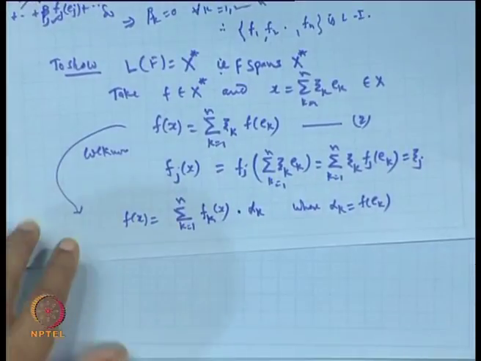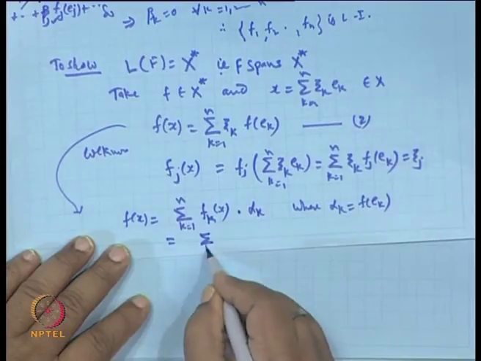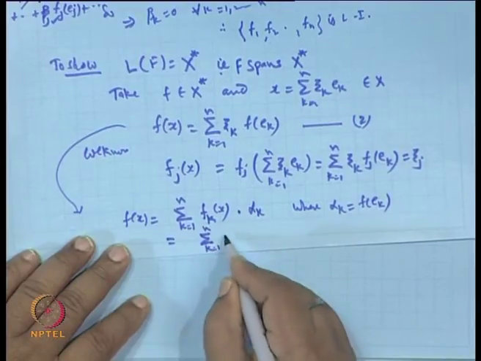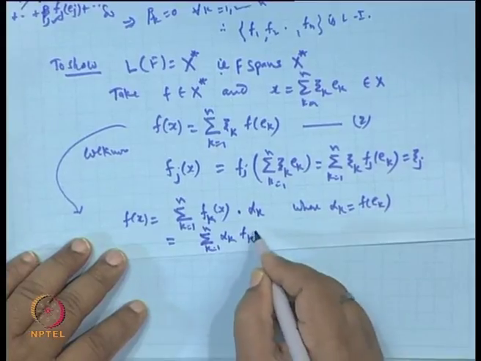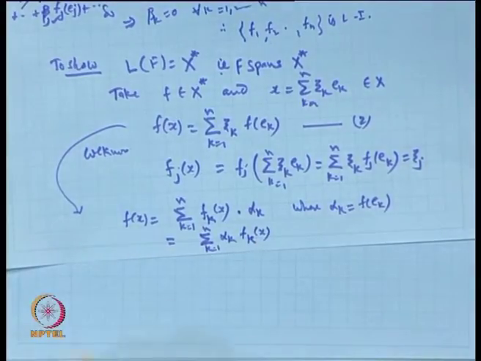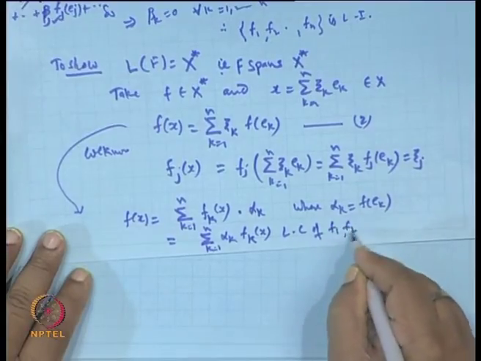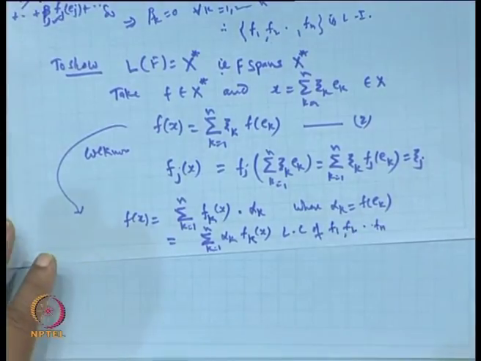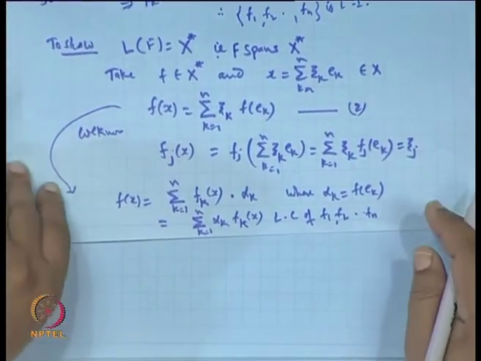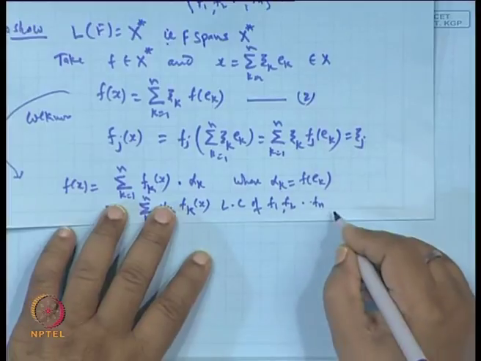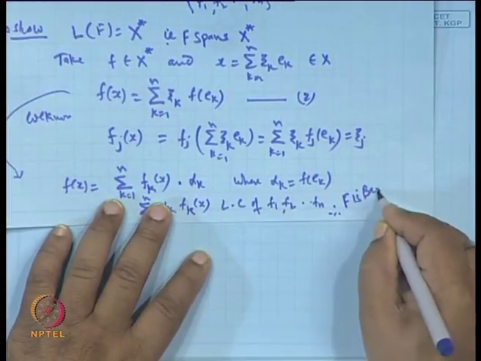Clear? So, what you can get is that f can be expressed as a linear combination of the elements f k, a linear combination of f 1, f 2, f n. Clear? Therefore, f is a basis.